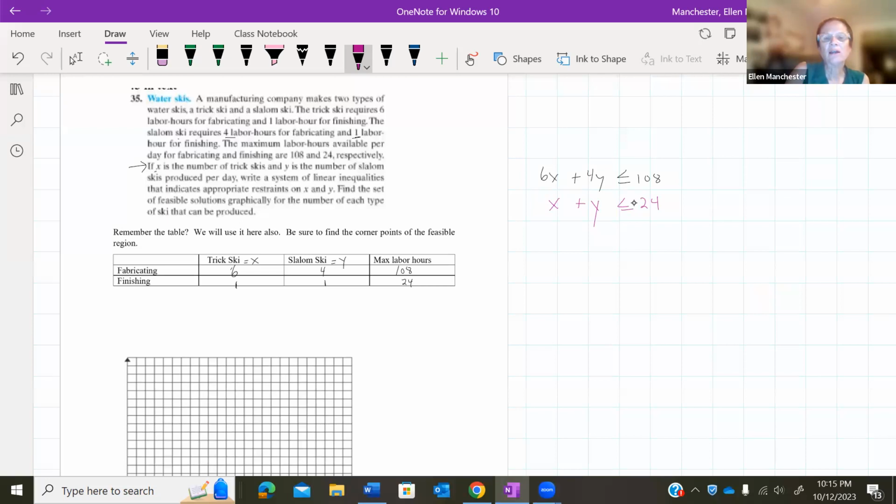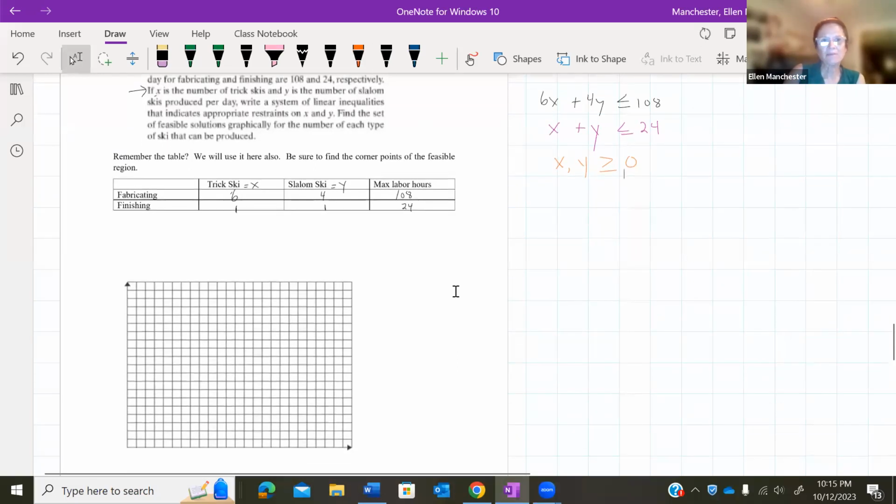Now, because we're dealing in an application, we have to have our restrictions, right? We cannot have negative skis or negative number of hours. So we have to keep everything in the positive. Okay, so you're good to go. We're ready. We are going to put in our restrictions.